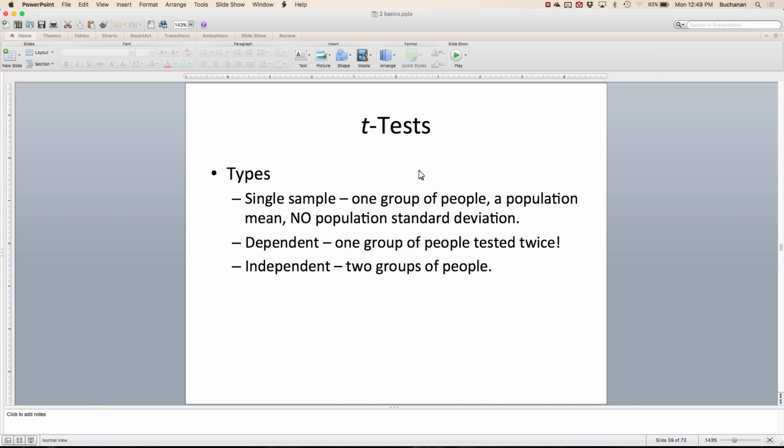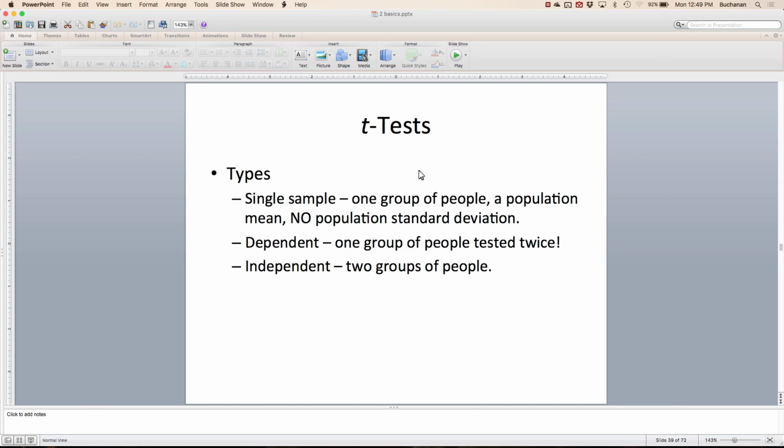Pre and post is a perfect example of dependency. It doesn't have to be time-based, but it is mostly about time. Your DV has to be continuous. So we can compare if their scores change between 2 testings.